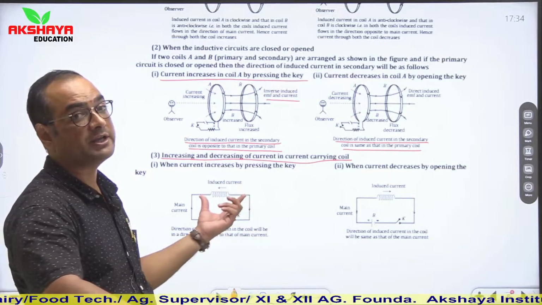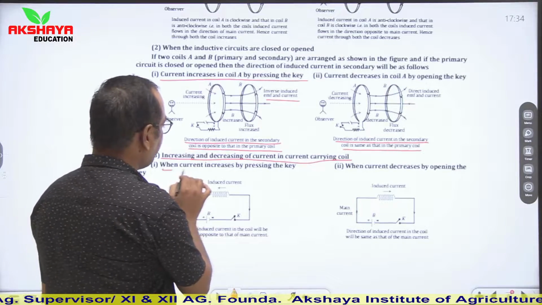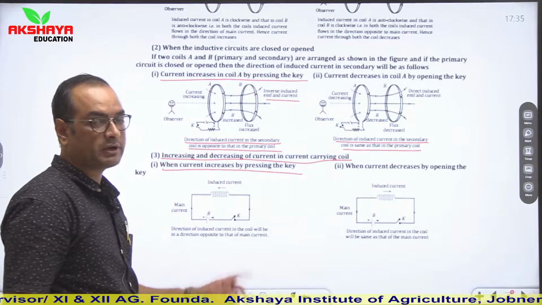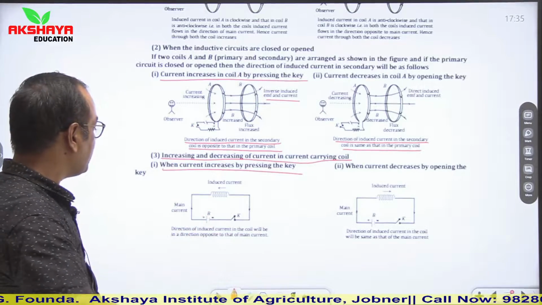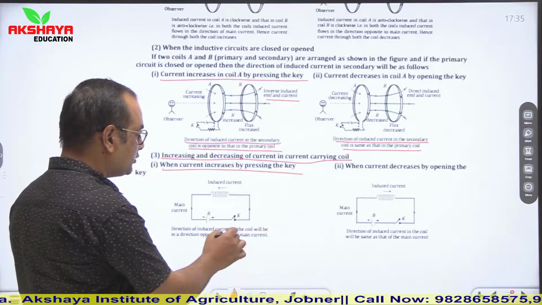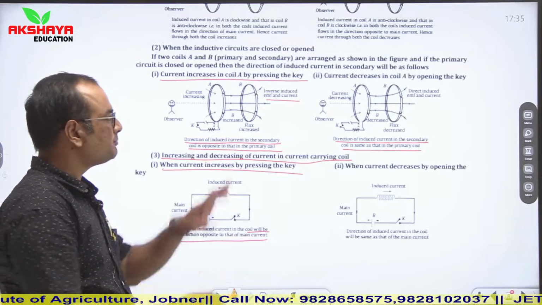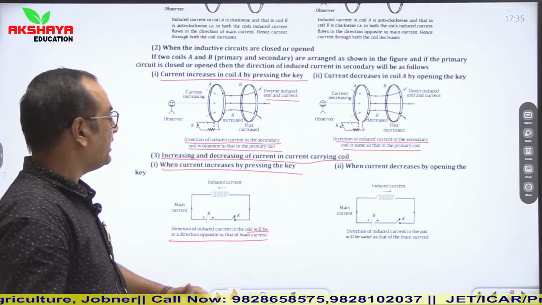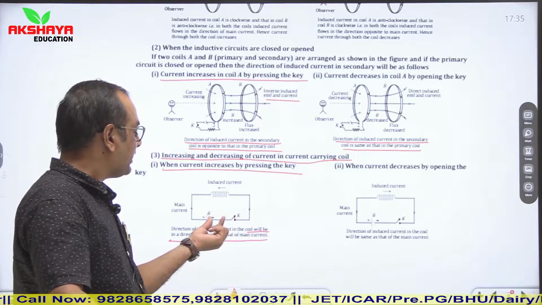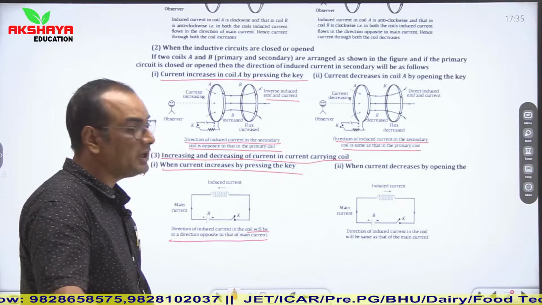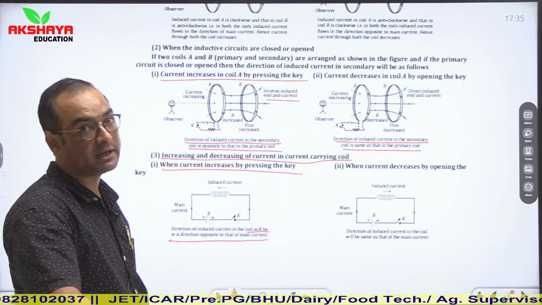Now the second case: increasing and decreasing of current in a current carrying coil. If current is increased or decreased in a current carrying coil, two conditions are taken again. When current increases by pressing the key, the same condition is given, that the switch is on and current increases. In this case, the direction of induced current in the coil will be opposite to that of the main current.